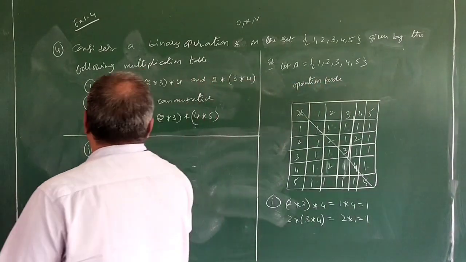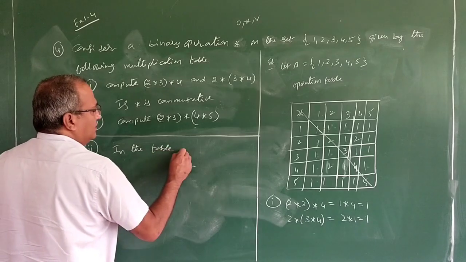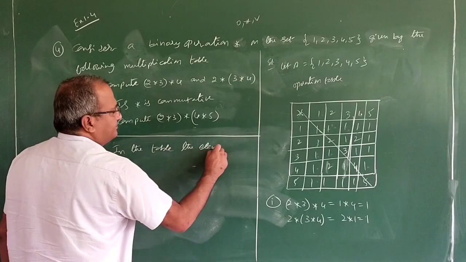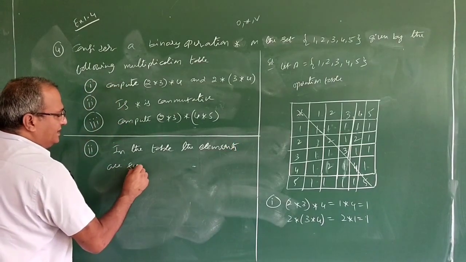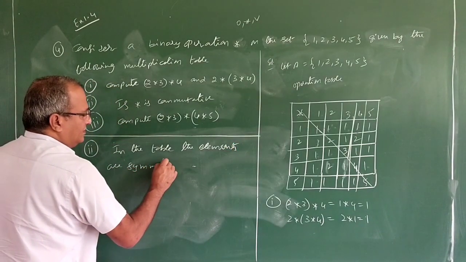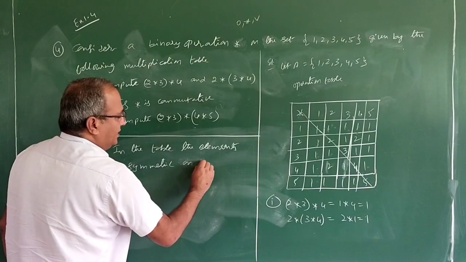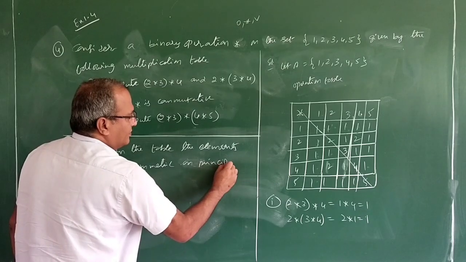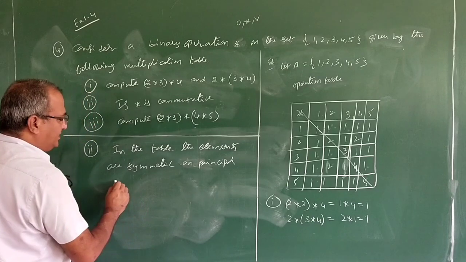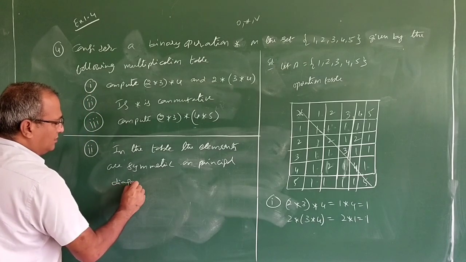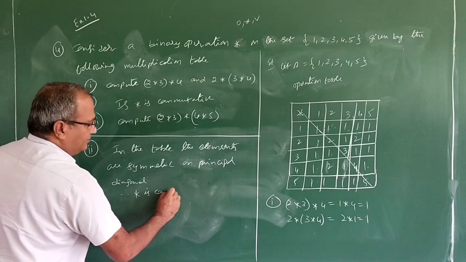In the table, the elements are symmetric about the principal diagonal. Therefore, star is commutative.